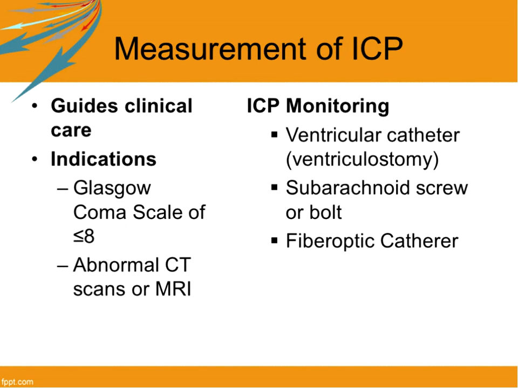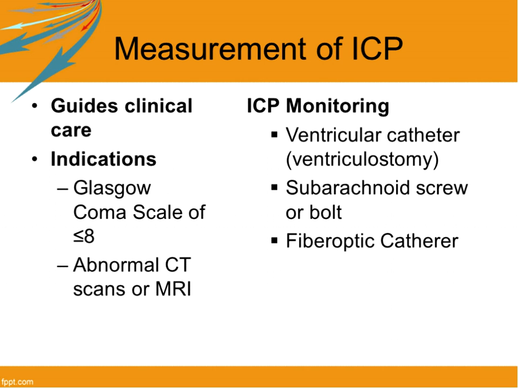Okay. Measuring and monitoring of ICP is used as a guide to clinical care whenever a patient is at risk or has an elevation in intracranial pressure. It can be used in patients with a variety of neurological insults such as hemorrhage, stroke, tumor, TBI.